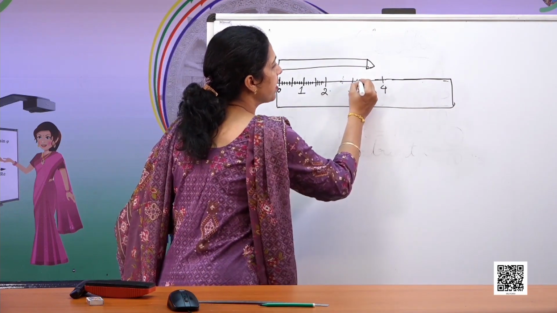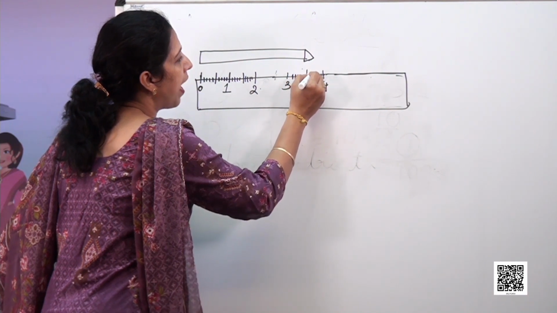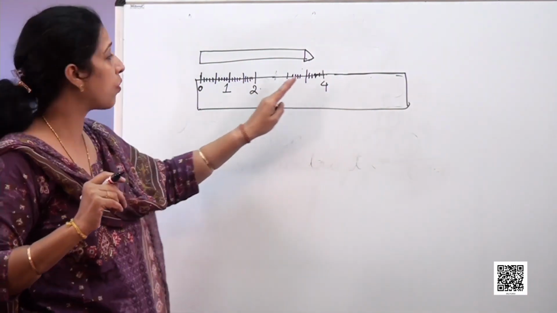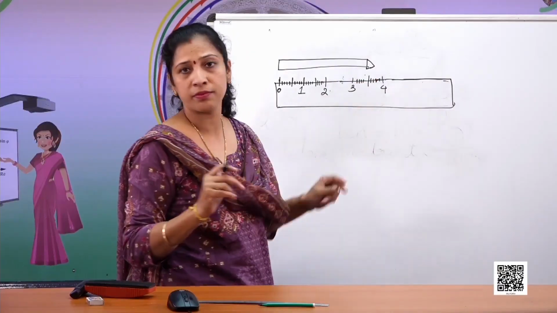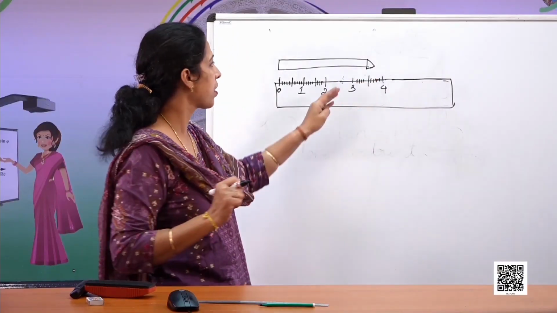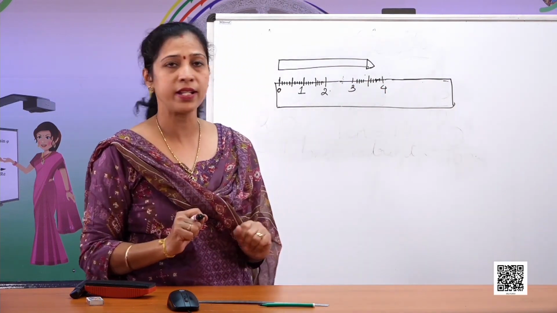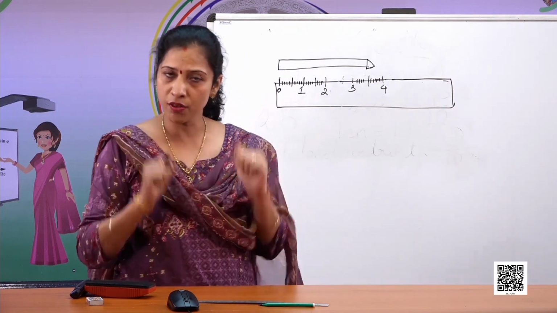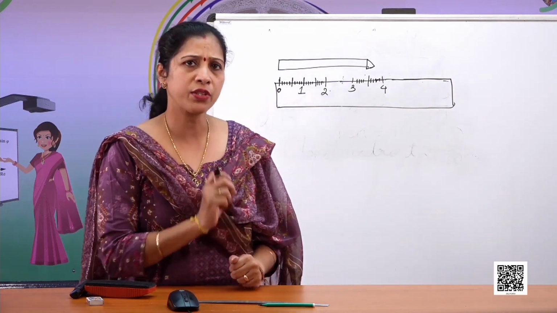The tip of the pencil is somewhere lying between 3 centimeter and 4 centimeter. So if I tell the length of the pencil is 3 centimeter, it is wrong because it is more than 3 centimeter. If I am telling the length of the pencil is 4 centimeter, again wrong because it is not touching 4 centimeter. So how are we going to measure it?